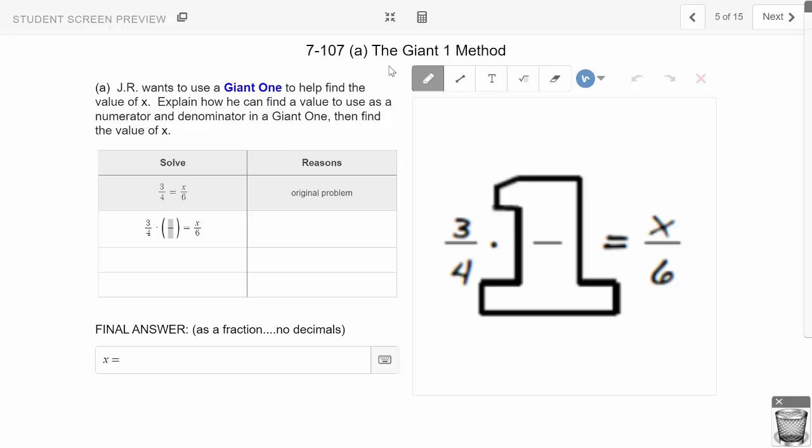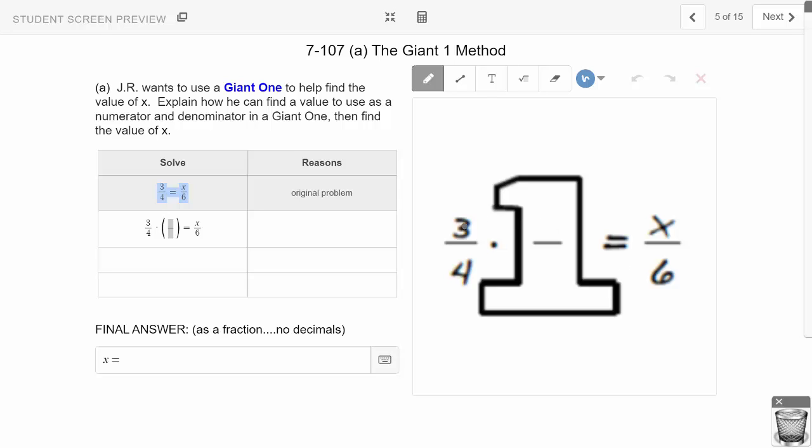7-107A, the giant 1 method. Now we've actually been using this quite frequently this year. So I'm going to show my work over here, and this is where you can take your notes from. The giant 1 method basically says if I have an equation like 3/4 is equal to x over 6, I just need to find an equivalent form of 1 that allows me to multiply 4 to get 6.